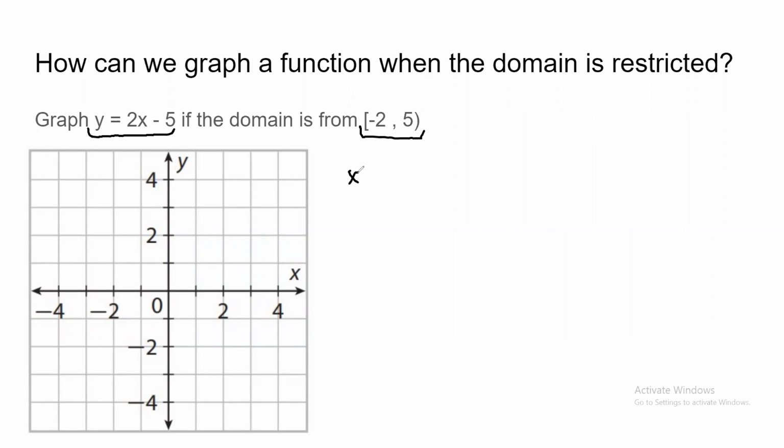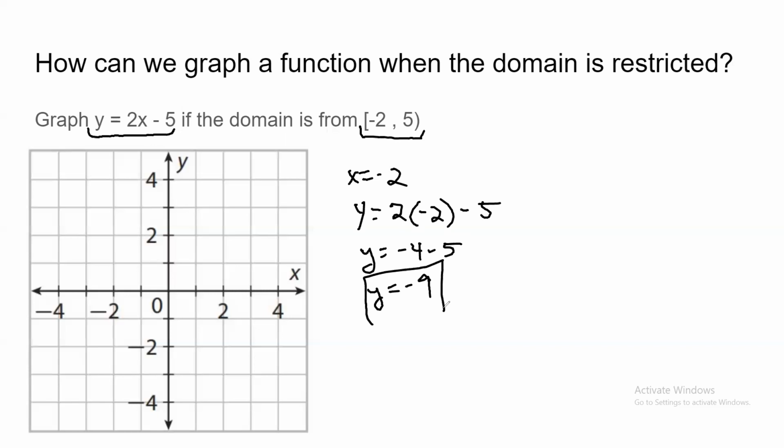So I want to get x equals -2. So y equals 2 times -2 minus 5. Okay, I just plugged it into this function. So y equals -4 minus 5. So y equals -9, right?